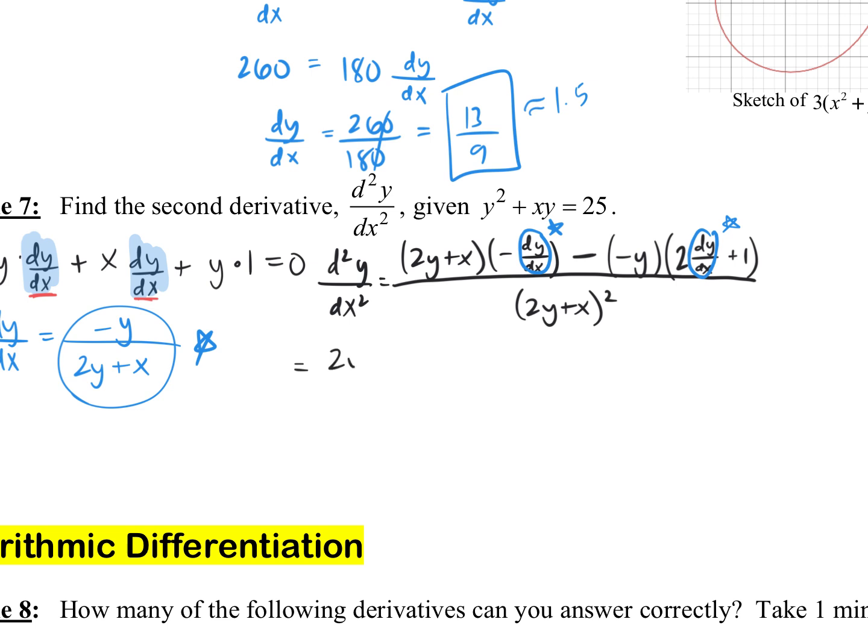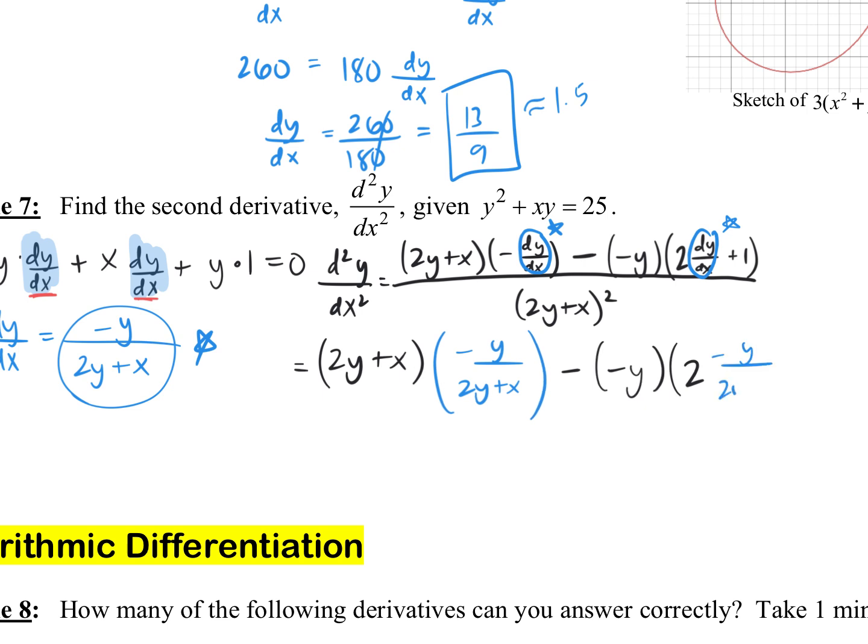So I've got 2y plus x times this negative y over 2y plus x. I'm plugging in that dy dx piece. Okay, then it says minus negative y, can't do anything with that, and then times 2 negative y over 2y plus x.